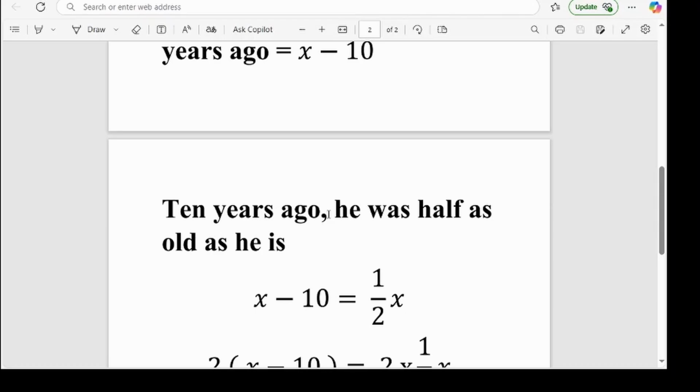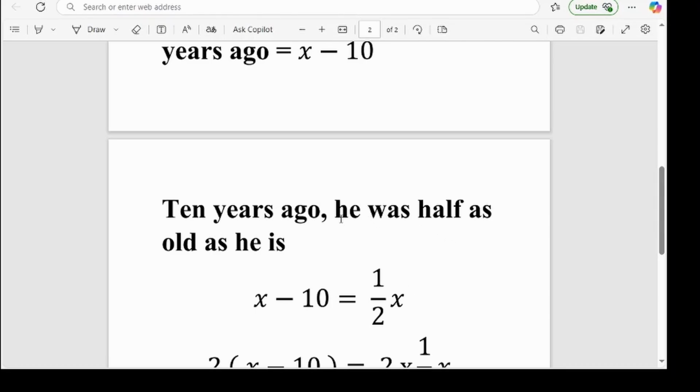The "was" represents equal to, right? So whenever you see "is" or "was" in a word problem or a practical word problem, it means equal to, right?